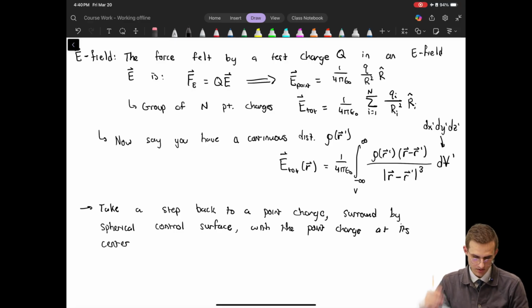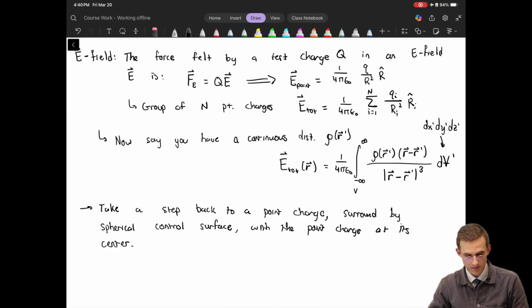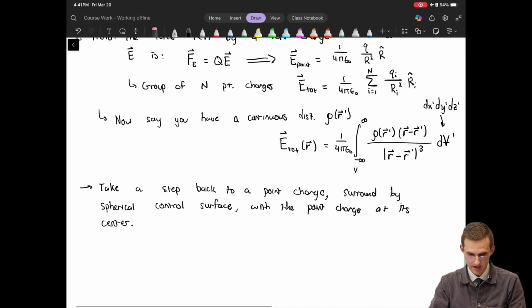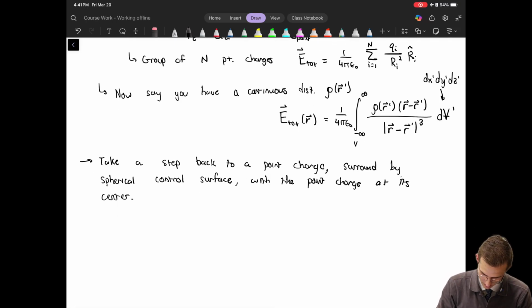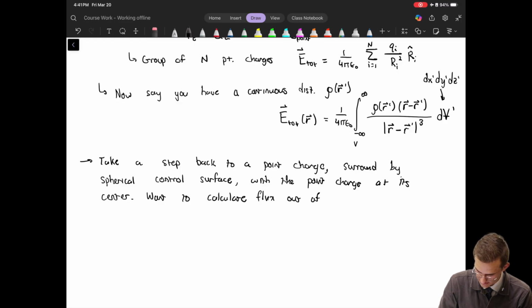So why are we doing this? What we want to do is calculate the flux out of the source. So what is flux?